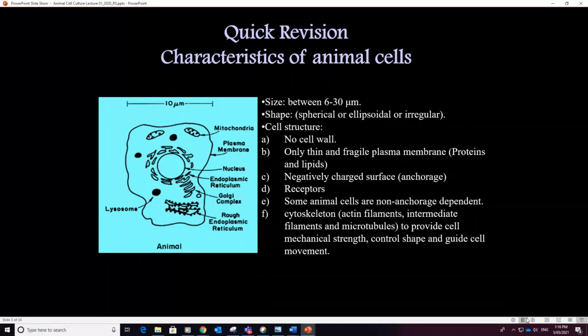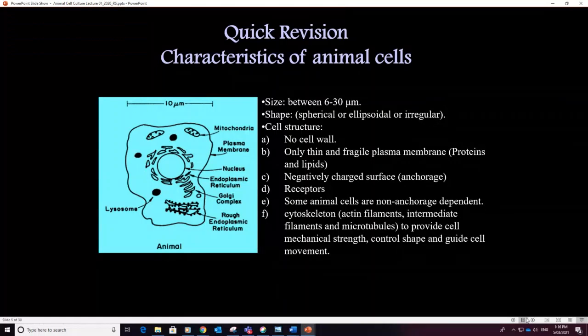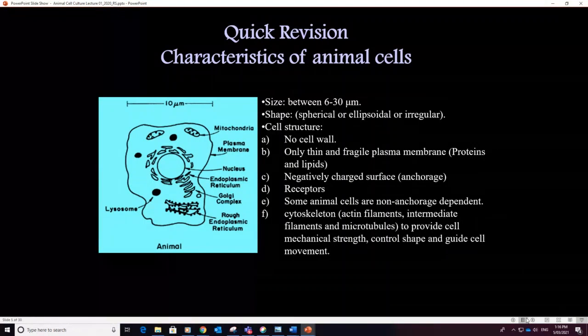RBCs are 5 micron, and others, if you isolate them in solution, are roughly 10 to 20 micron in size, and some cancer cells are larger, 6 to 30 micron. And which is the largest cell in our body? Any guess? Neurons, perfect.